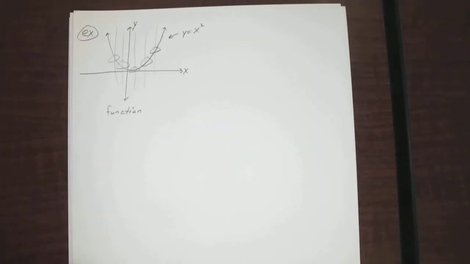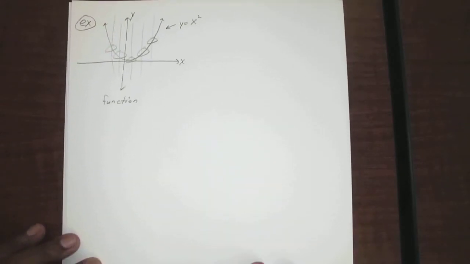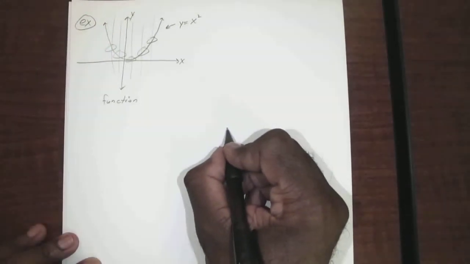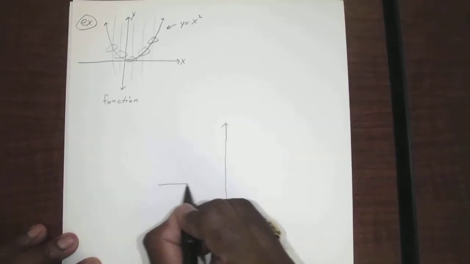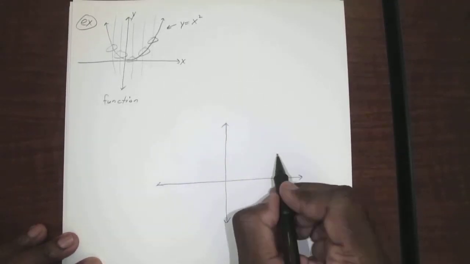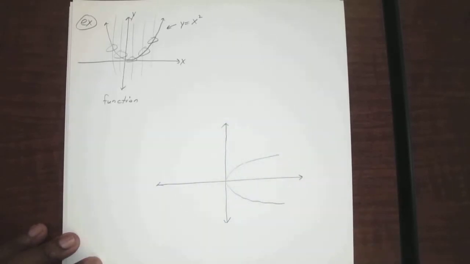So it is a function. But if you remember, we had x equals y squared. Now x equals y squared looks like that.